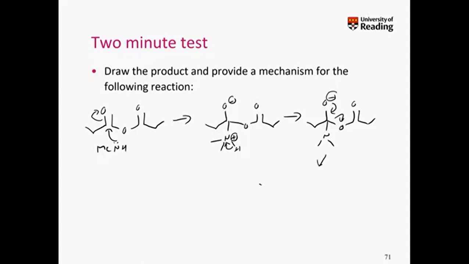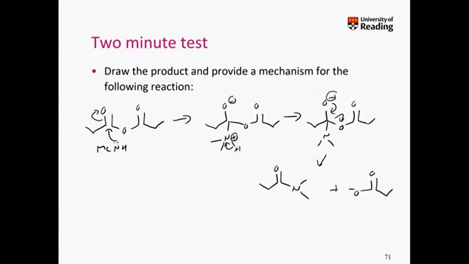So we end up with our new amide plus this carbanion as the leaving group. Okay, so that's, we had a bit of a choice there, but it was reasonably simple.